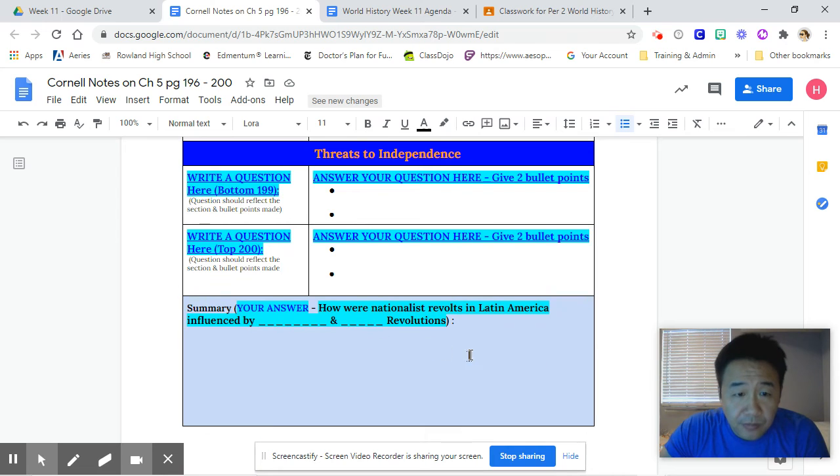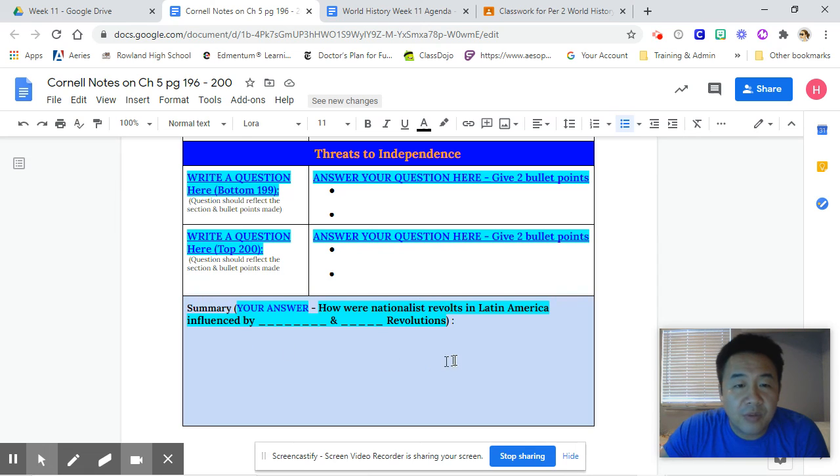Finally, you would take all that information and summarize, answering the essential question. And so the summary would probably be a paragraph. You can write it with a thesis and then supporting evidence, but make sure you answer this question about how revolts in Latin America were influenced.